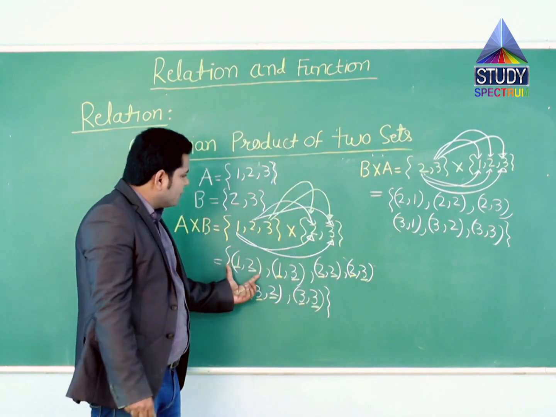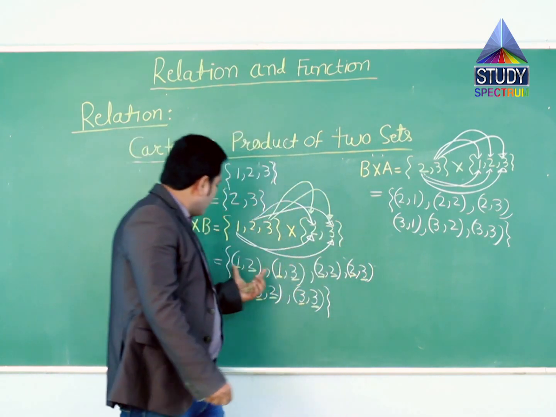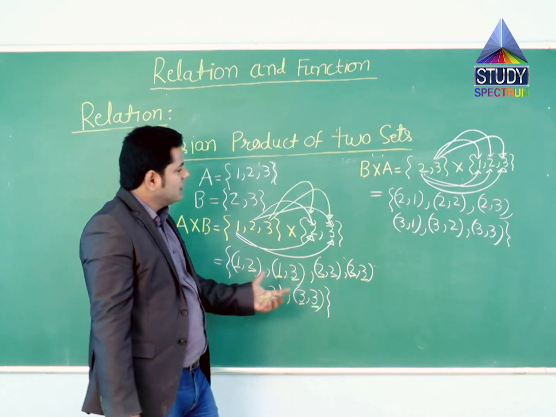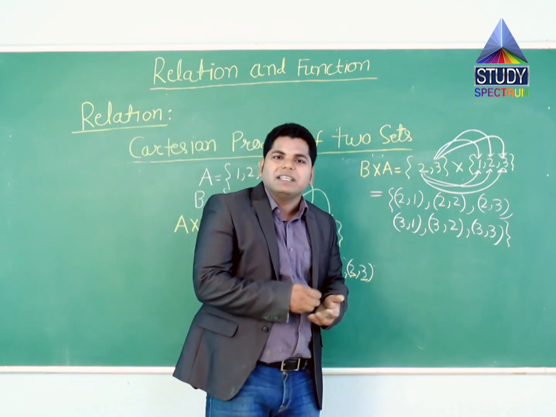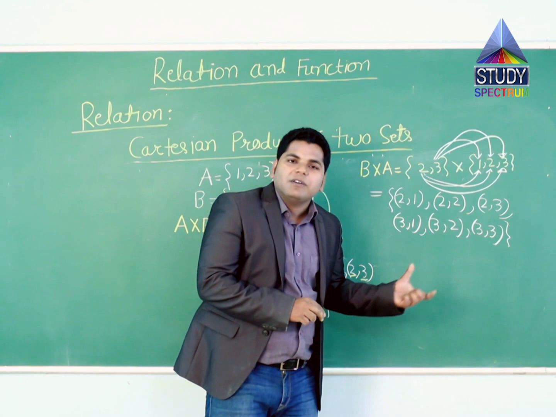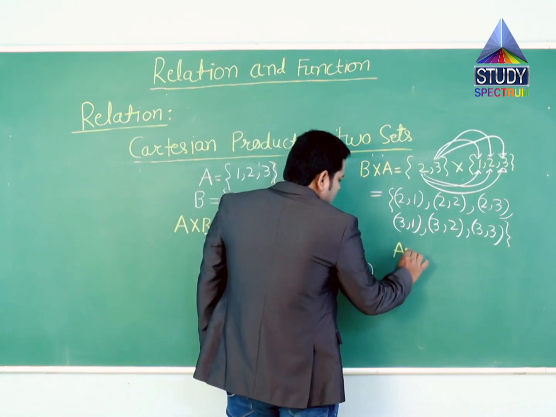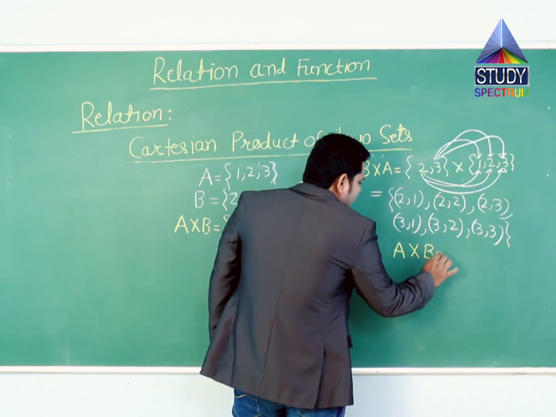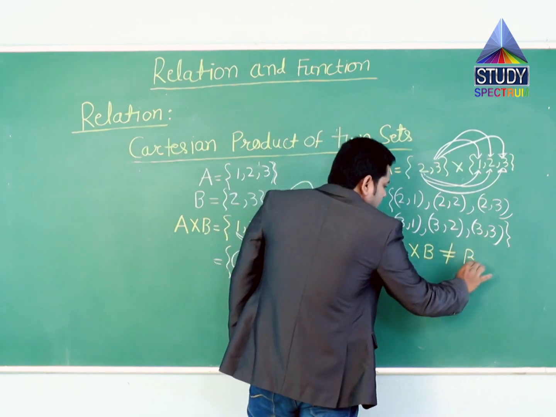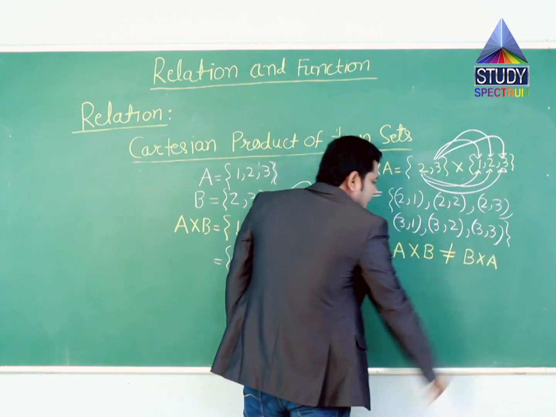Here (2, 1) is an element of B cross A, but (1, 2) is an element of A cross B and (1, 2) is not an element of B cross A. So we can conclude from here that A cross B is not equal to B cross A.